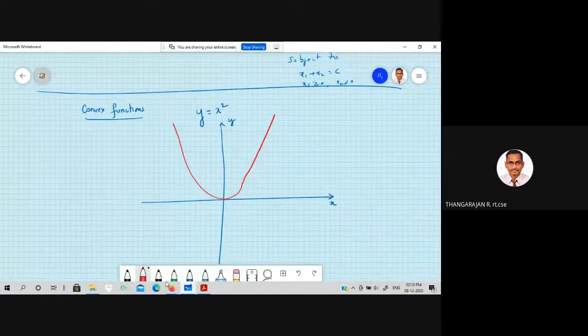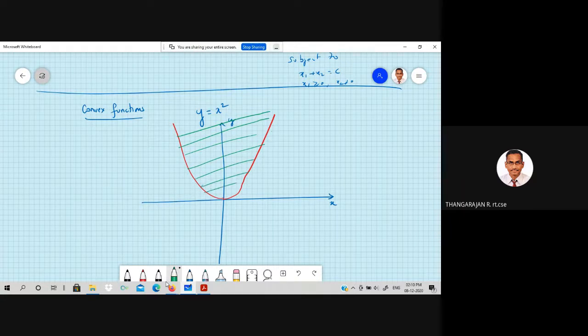Okay. Now if you take this region, what is this region? This region is a convex region. So why I say it's a convex region? Because if you take 2 points, for example, if you take 2 points on this region, say I take a point here, I take another point here. I just join them by a line. Okay.